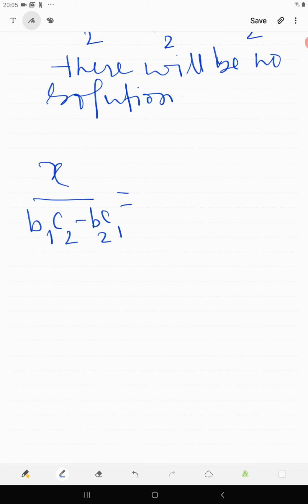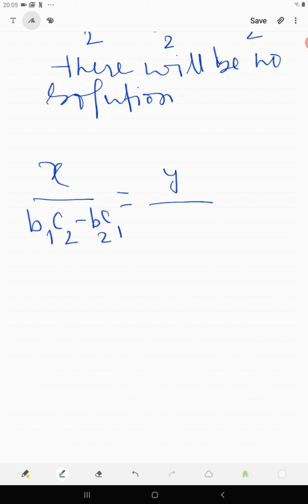equals y by... So if you are given the equations a1x plus b1y plus c1 equals 0 and a2x plus b2y plus c2 equals 0, then the solution will be determined like this. x divided by b1 c2 minus b2 c1. The b1, c1, a1 everything is the coefficients from the equation.